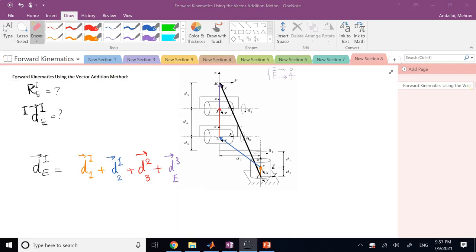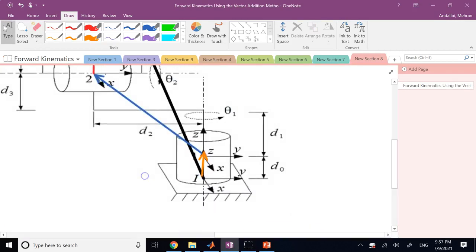Okay, so let's look at the first vector, d of 1 with respect to I. If we zoom in here, what is this vector in orange? What I'm doing is moving a distance of d0 along the zi direction, correct? If you want, I can add these indices here, so you know what is what.